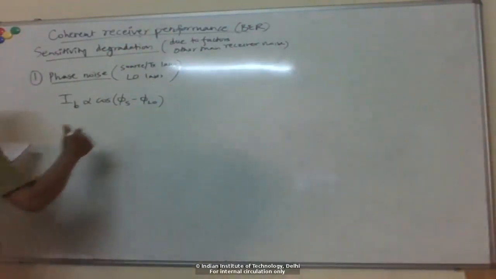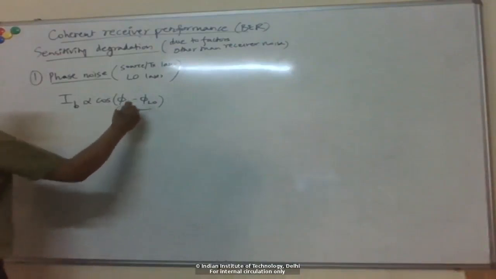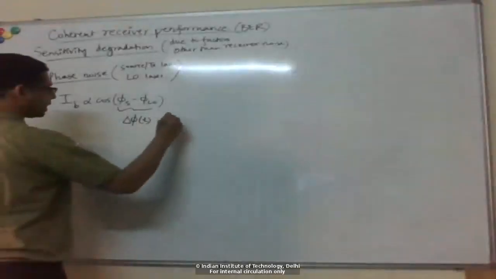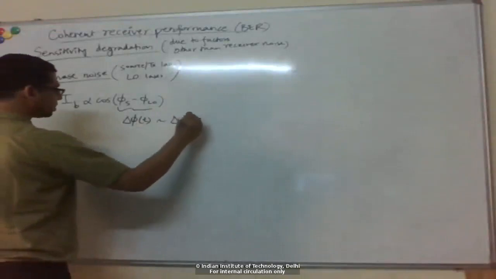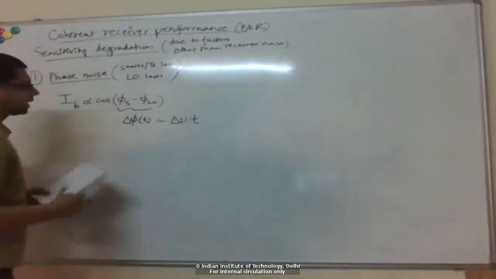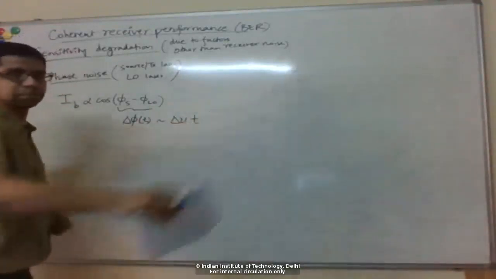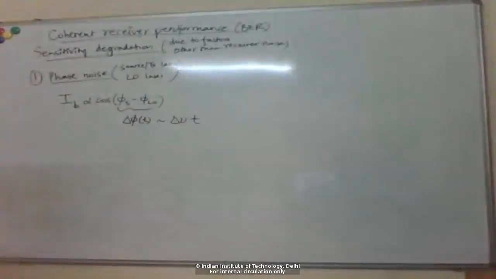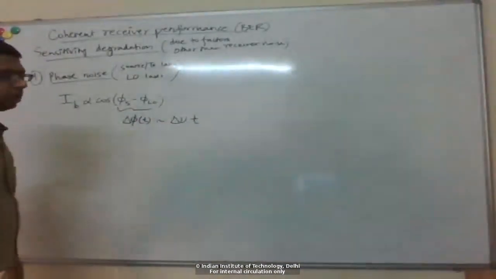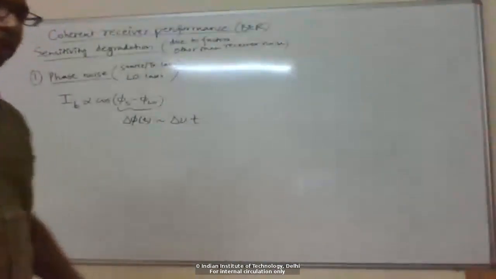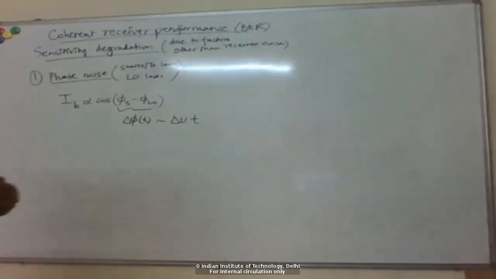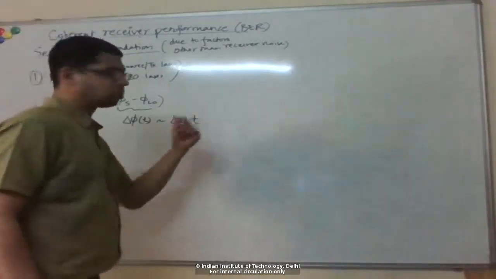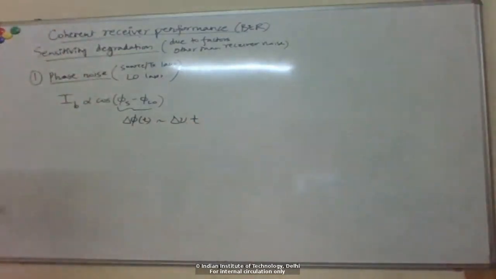So this drift can be written as the drift in the frequency of the laser multiplied by the detection time or measurement time. Let's say I have a 10 gigabit per second data rate and I'm measuring 10 billion bits. That would mean a total measurement time of 1 second.